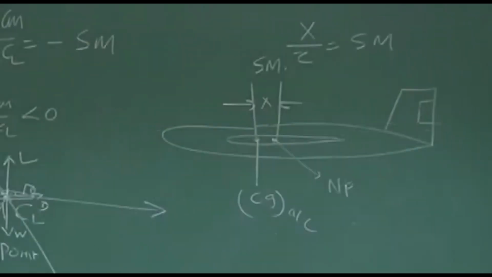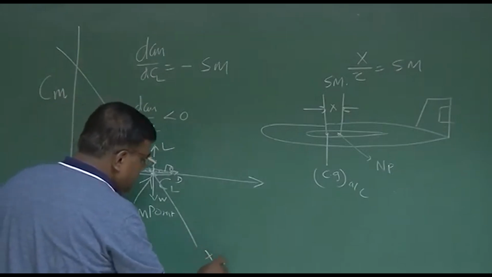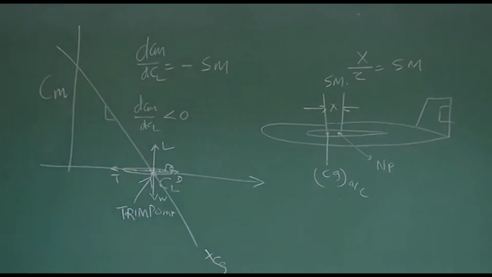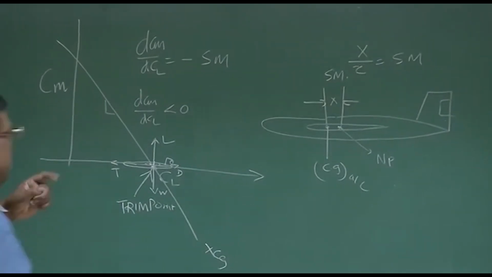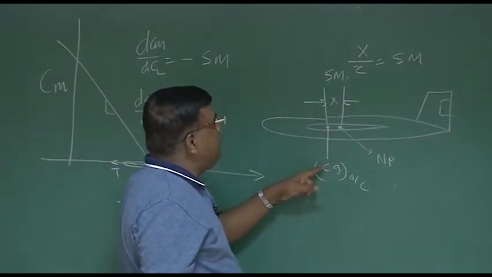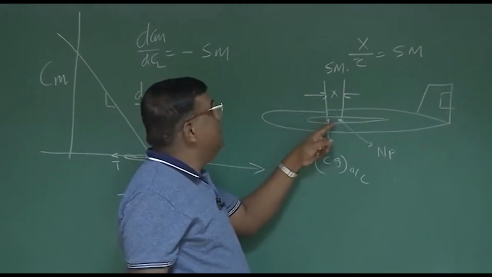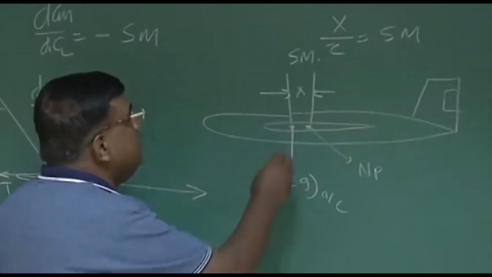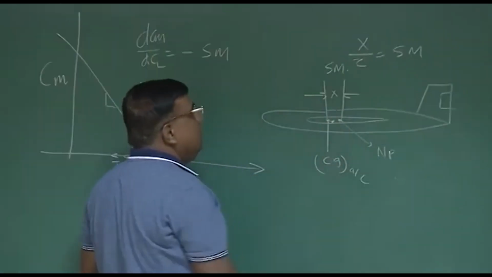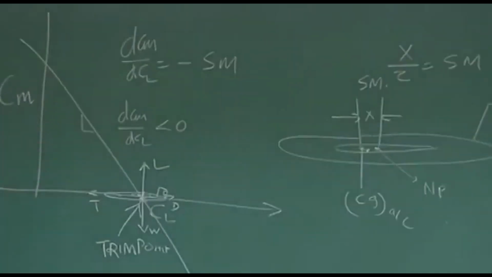Okay? What we also understand is that this static margin is a unique number for a given configuration for a particular CG location. Correct? You can understand from here, if this is the CG of the aircraft and the aircraft is the same, but I change the CG by distributing the internal components, then as CG moves towards the neutral point, this separation reduces, so the slope of the line also will reduce.